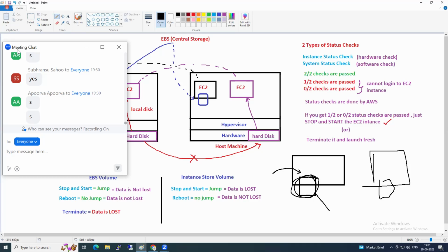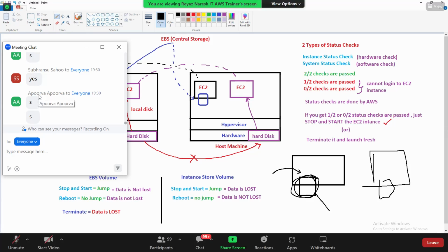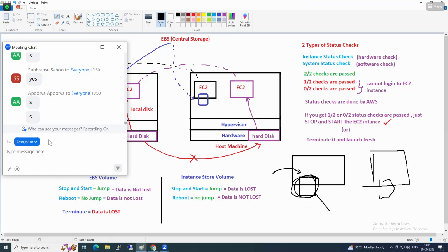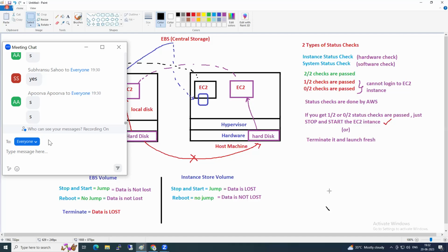Just in case you have some important data or you have configured some very important applications, and you don't want to delete the root volume but you want to terminate the EC2 instance, terminate the EC2 instance, and to retain the root volume, uncheck it. If you don't have anything in the root volume, will you retain it? Don't retain it. Delete it. Simple. Okay. Nice. So that is the purpose of the root volume.